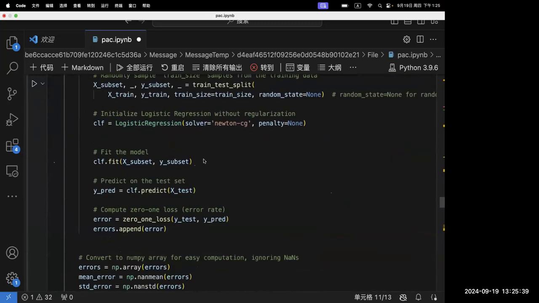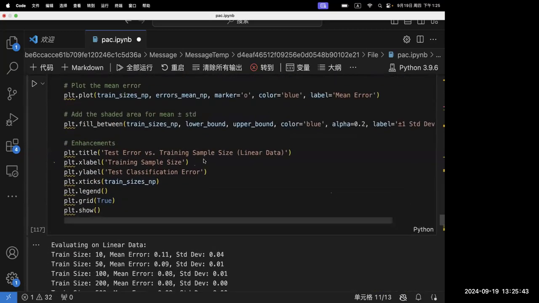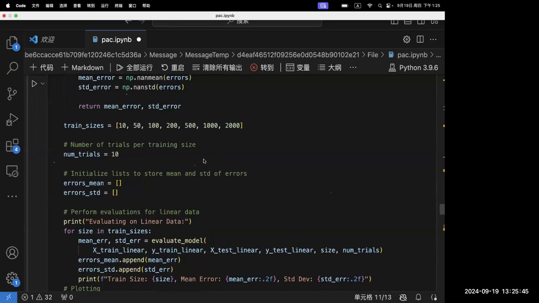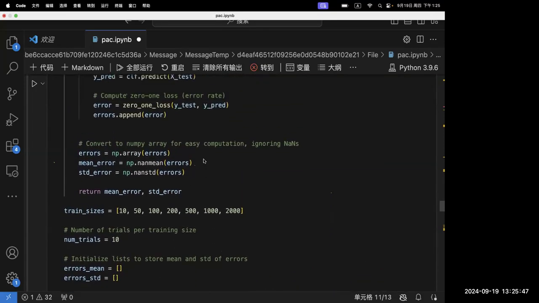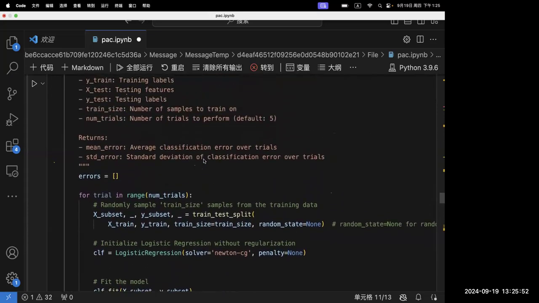Finally, in this example, we will observe something. While we have mentioned that we can theoretically decompose the error of a model into the approximation error and the estimation error, in reality it is very hard to do so, right?